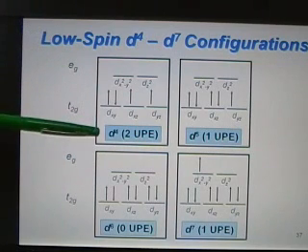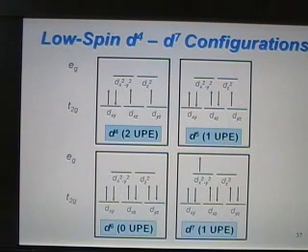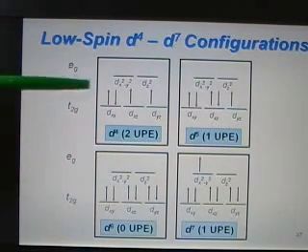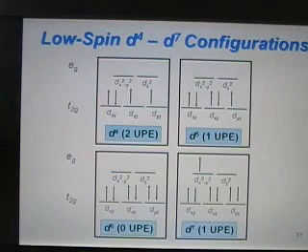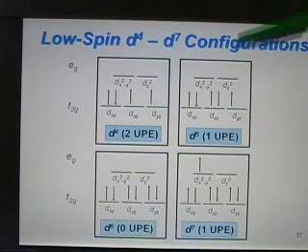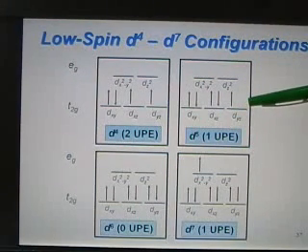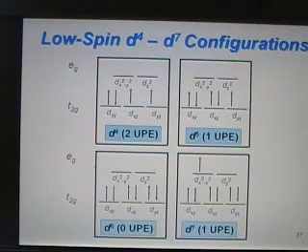For a D4 cation that has a low spin electron configuration, you have only 2 unpaired electrons and 1 pair of electrons in the dxy orbitals. For D5, you have 2 pairs of electrons occupying the T2G orbitals, leaving only 1 unpaired electron.